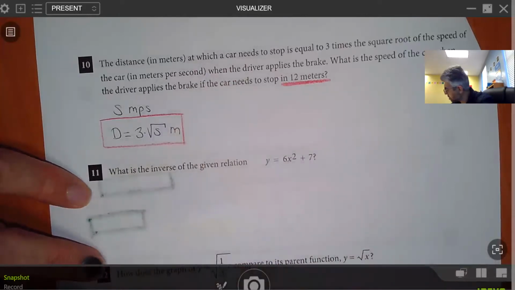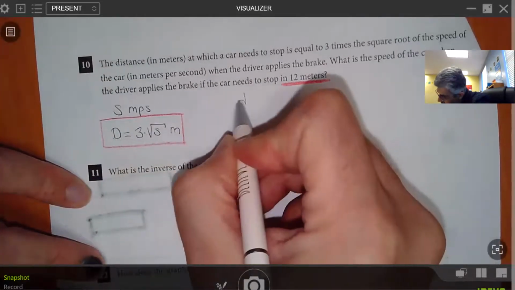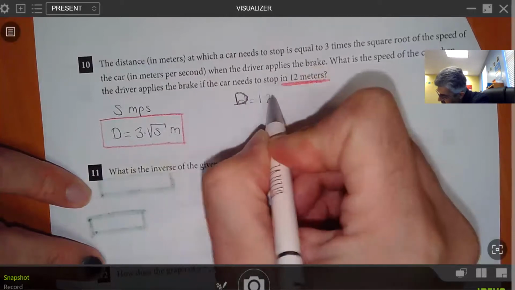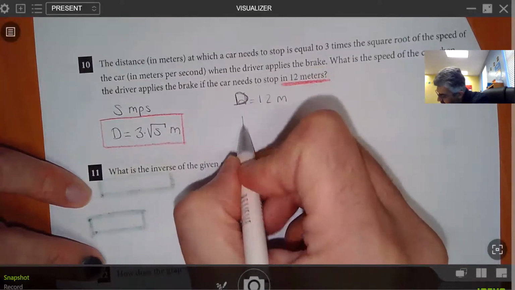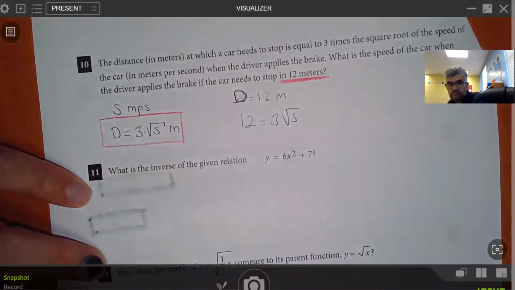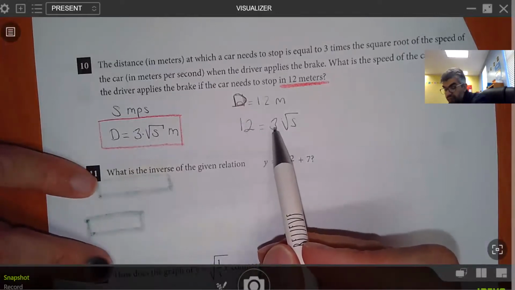So it asks for the speed. The distance is 12 meters, so I have 12 equals 3 root s. Now, after writing, it's very simple. Before taking the square of both sides, I simplify.